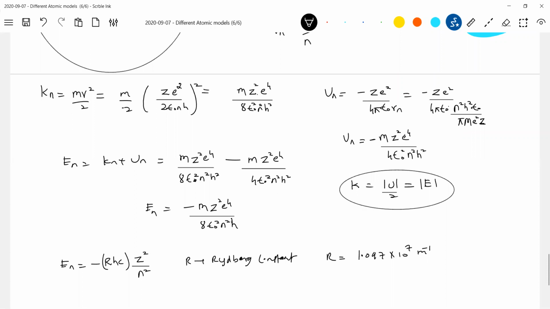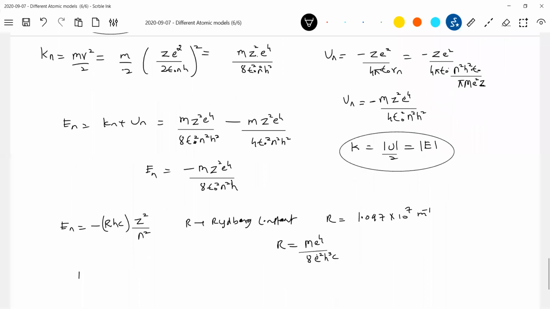And what is the Rydberg constant? Here we are expressing the Rydberg constant, and different Rydberg constants will come, which I'll discuss in the numericals later. It equals m e to the power of 4 by 8 epsilon naught square h cube c. So this is the value of the Rydberg constant.